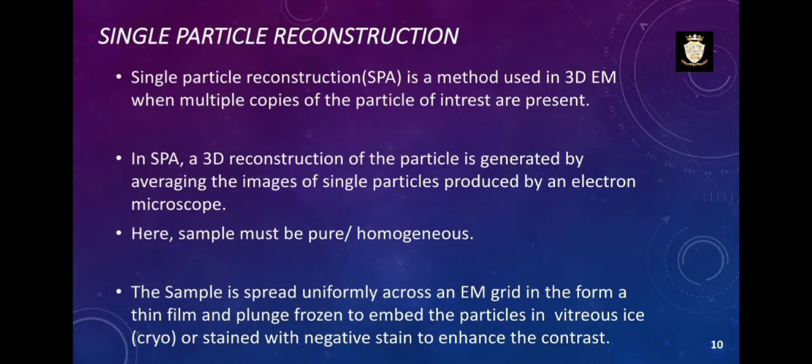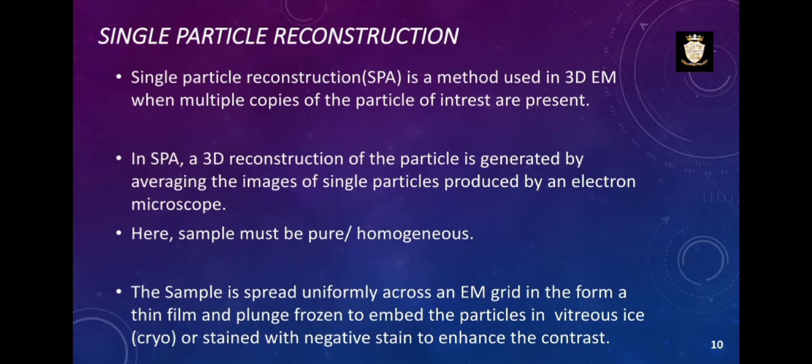It is a method used in 3D EM when multiple copies of the particle of interest are present. In single particle reconstruction, a 3D reconstruction of the particle is generated by averaging the images of single particles produced by an electron microscope. Here the sample must be pure or homogeneous.